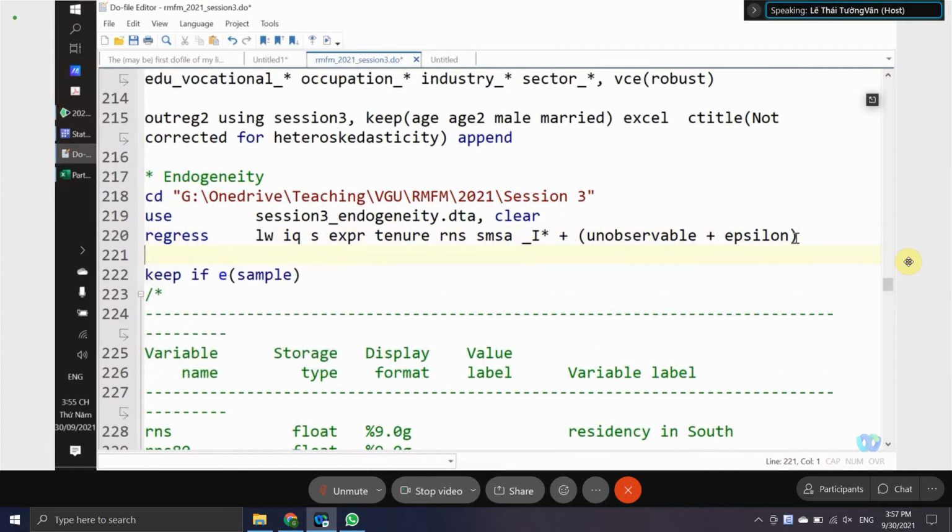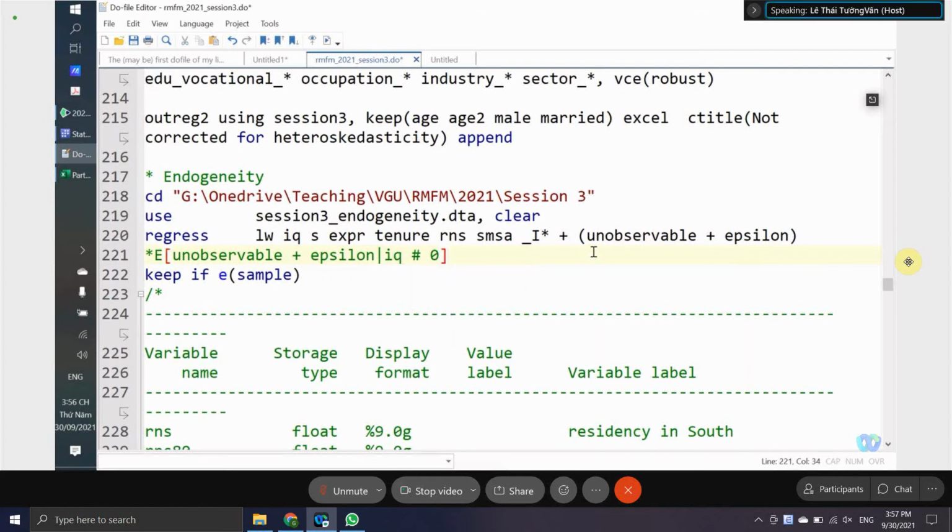So the expectation of the unobservable given IQ is not 0.